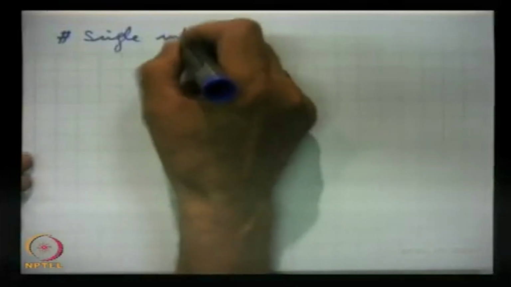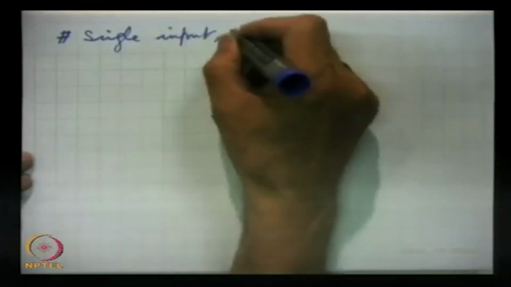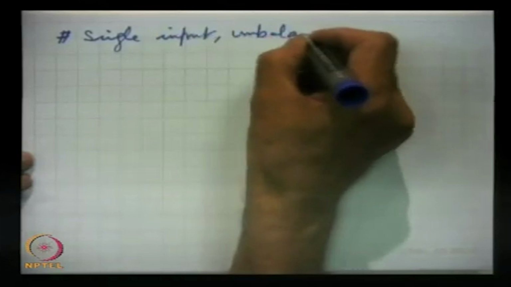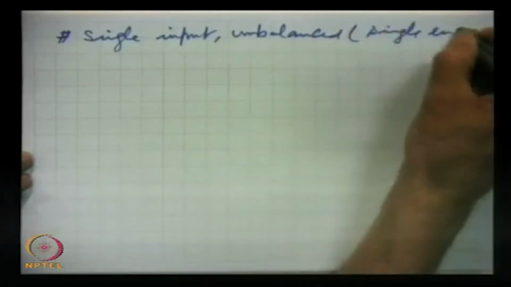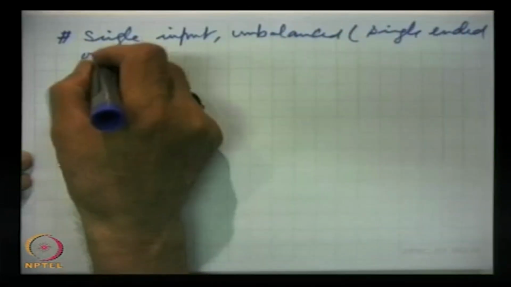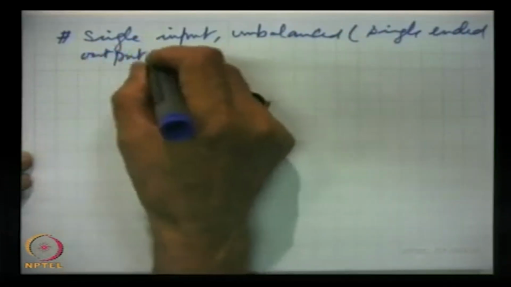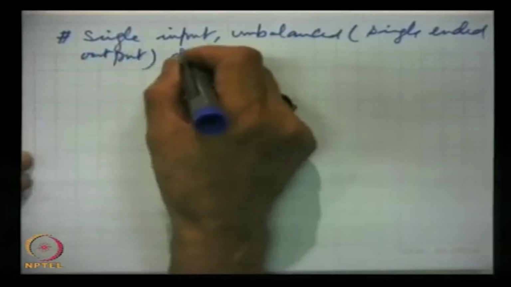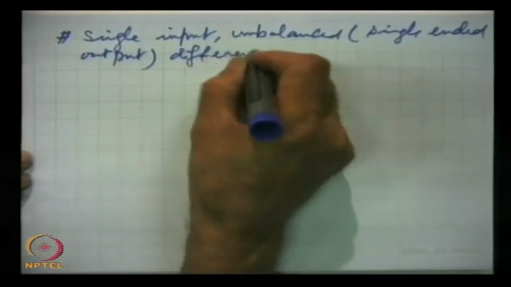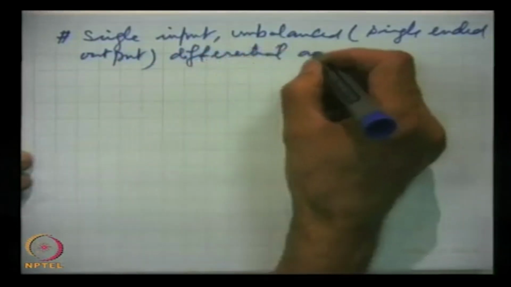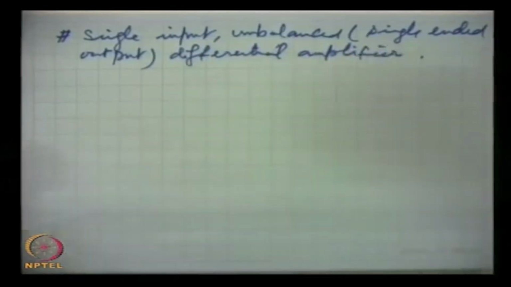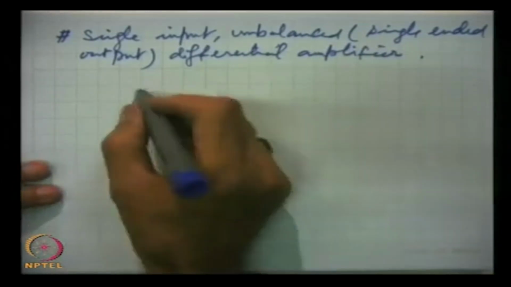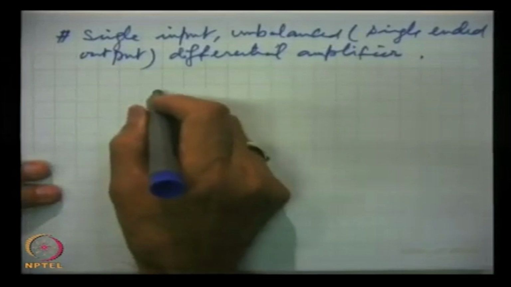And the last one, which is not used actually, is the single input unbalanced, that is, single ended output differential amplifier. This is the configuration which we are talking about.